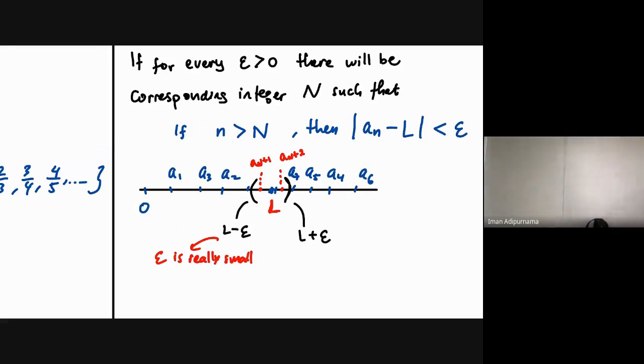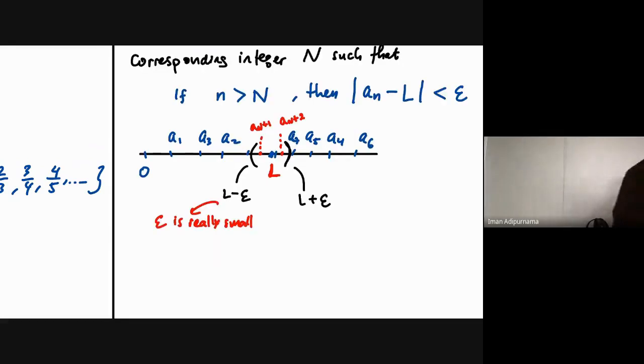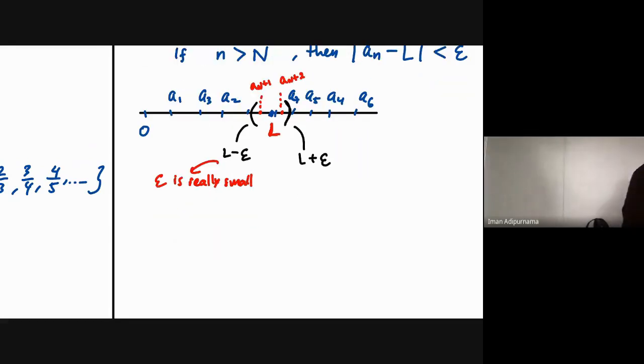Maybe it's not really good if you see it from here. Maybe we need to take another graph to define this L. We can do the same thing as the previous regular limit definition, where you take a graph.